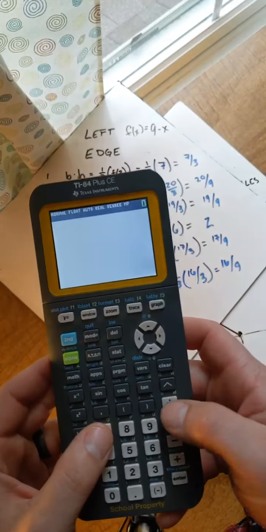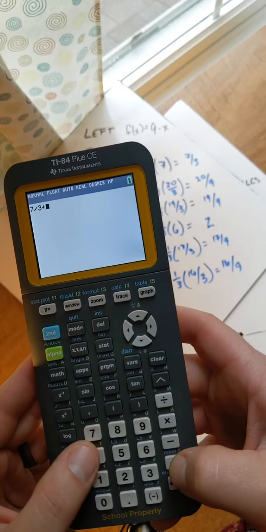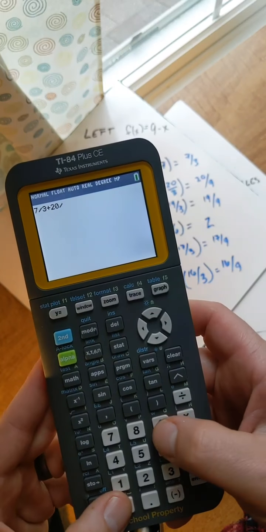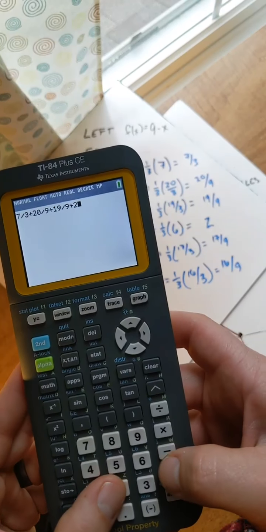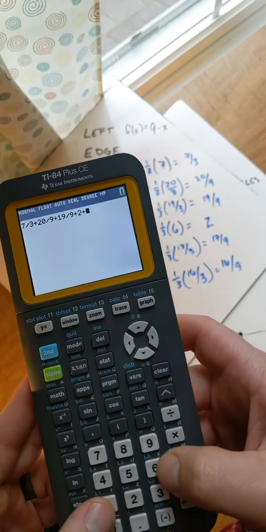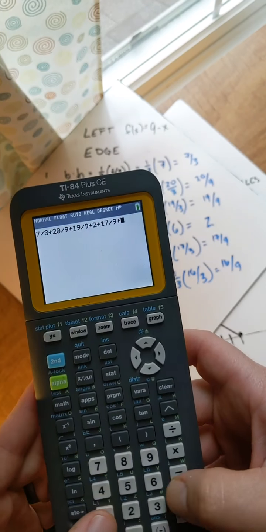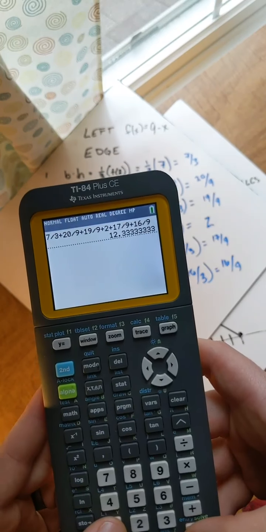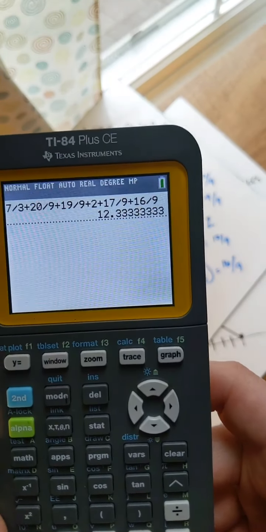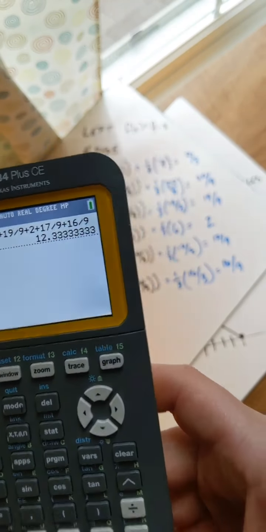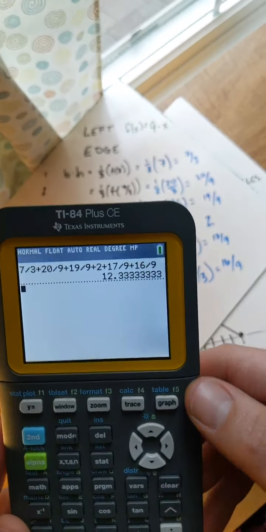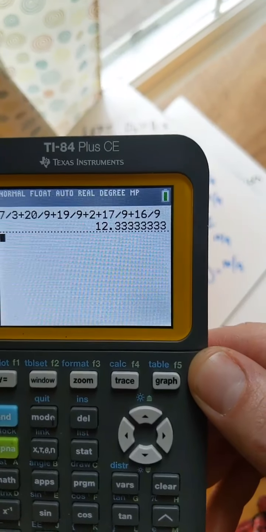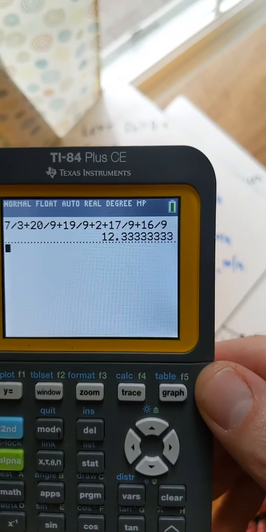I'm just going to type that in the calculator: 7/3 plus 20/9 plus 19/9 plus 2 plus 17/9 plus 16/9. And there's the answer for number 1, 12.333. It does say round all answers to the 4th decimal place, so please put 12.3333.